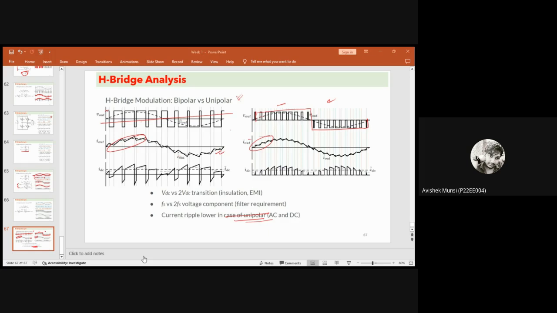There are some applications where you can use those. The basic difference is that, as I said, unipolar PWM is basically better. It has better efficiency and lower THD and all.